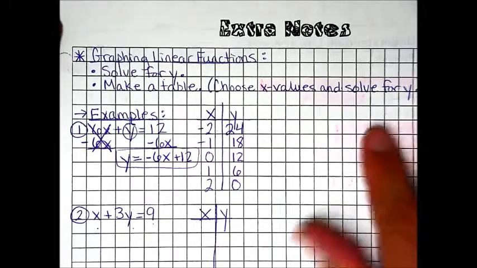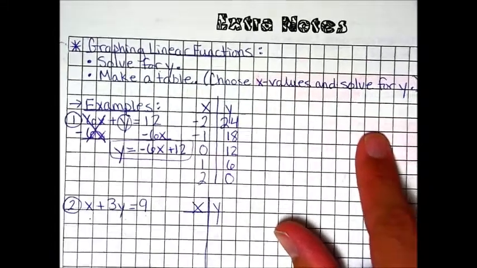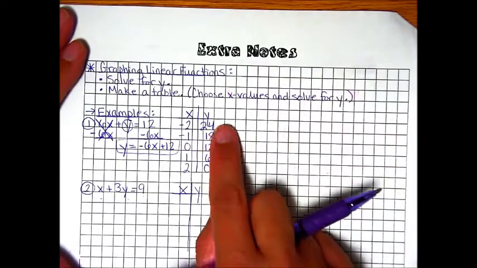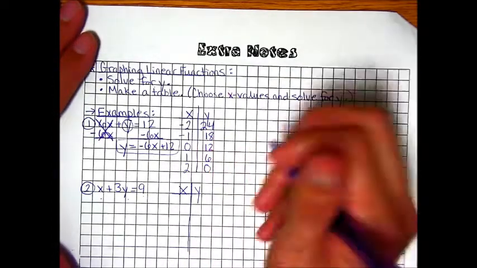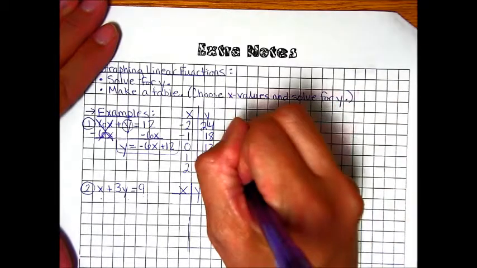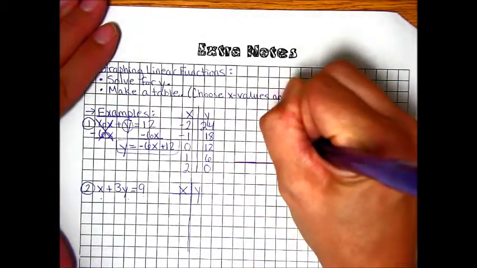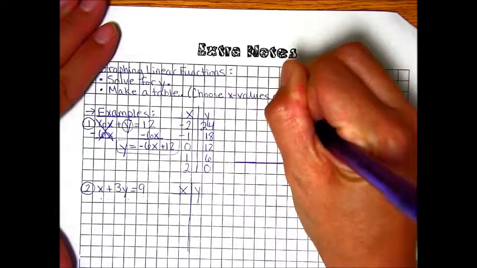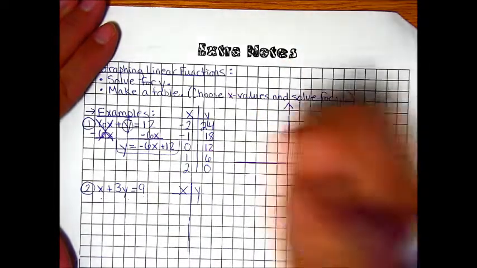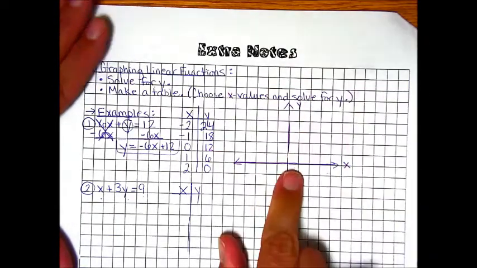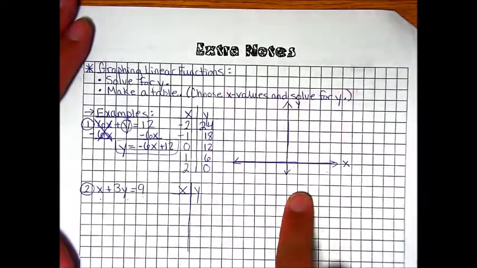So when you go to graph this one, if you want to think smart about how you set up your x and y axis, you don't have any y values in the negatives. So we don't really need to go down to a super low value in the negatives. I'm just going to do an x and y axis that points up more than it does down.